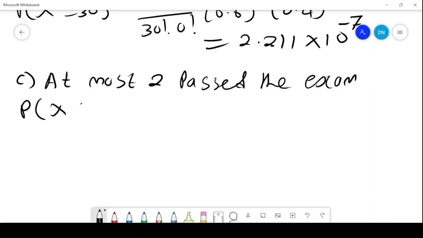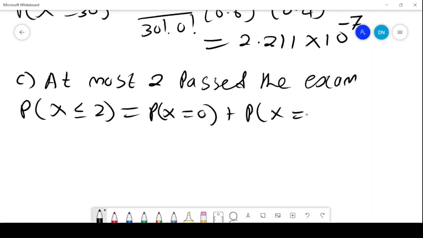At most 2 pass the exam is the probability that x is less than or equal to 2. So it's the probability that x is 0, plus the probability that x is 1, plus the probability that x is 2.